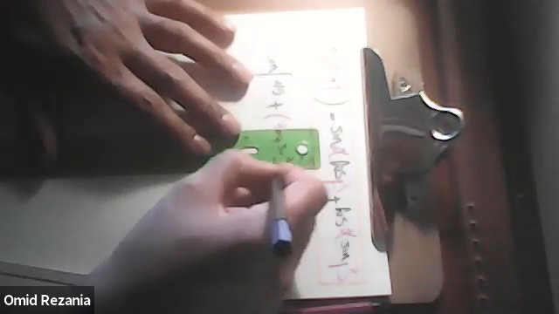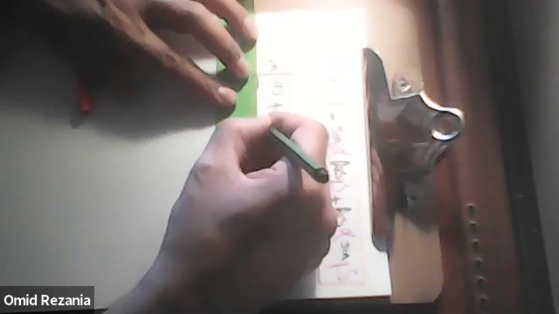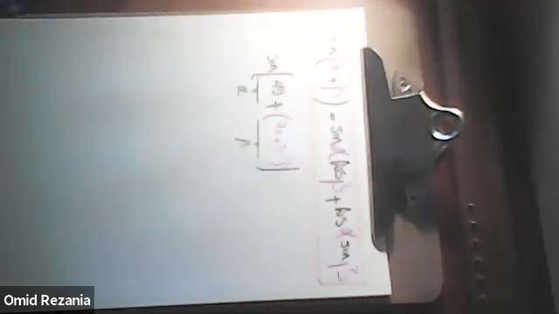Correct? And as you remember, I said that you can call this one 45 as alpha, and you look at the other one as beta. Correct?